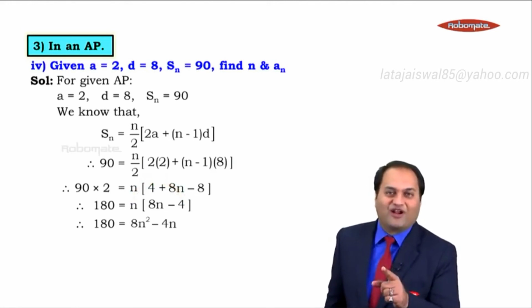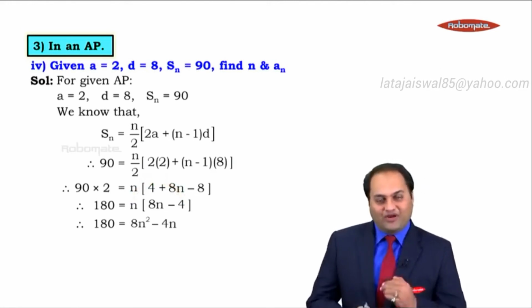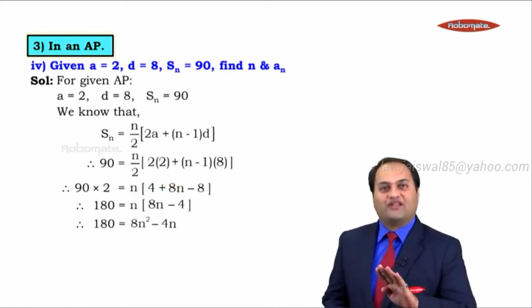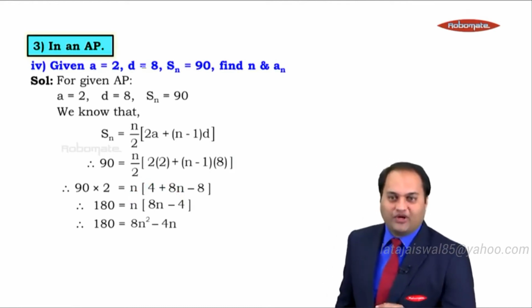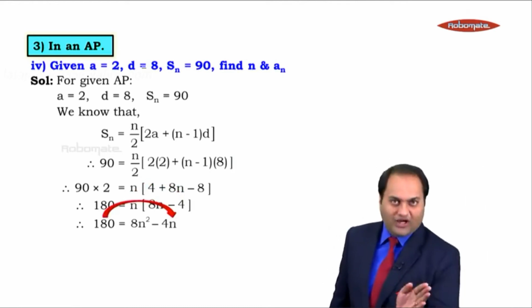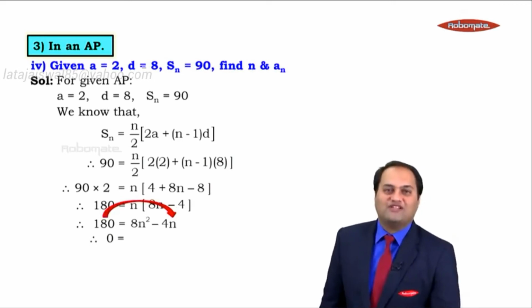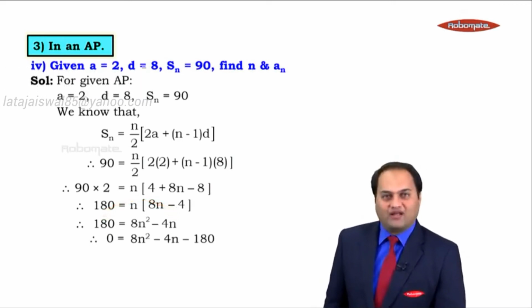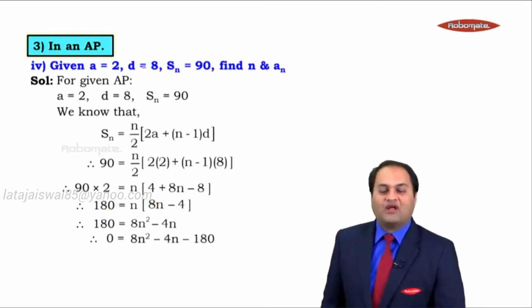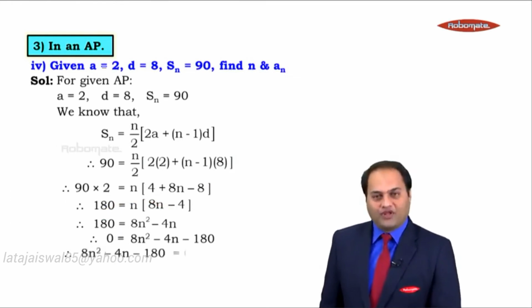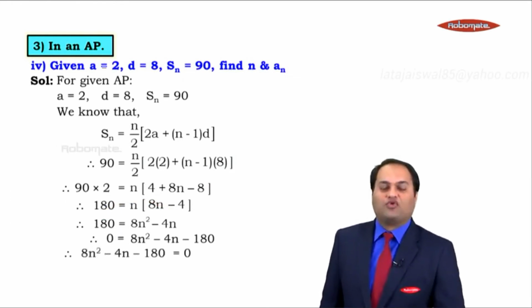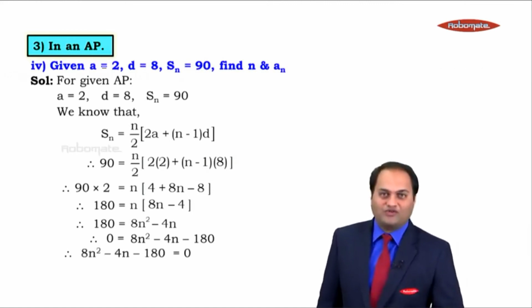Again, we are getting a quadratic equation. So bring all the terms on one side so that there is a 0 on the other side. Let's do it. You get 180 to the other side. You get 0 is equal to 8n square minus 4n minus 180. Now write it in the standard form. You get 8n square minus 4n minus 180 is equal to 0.